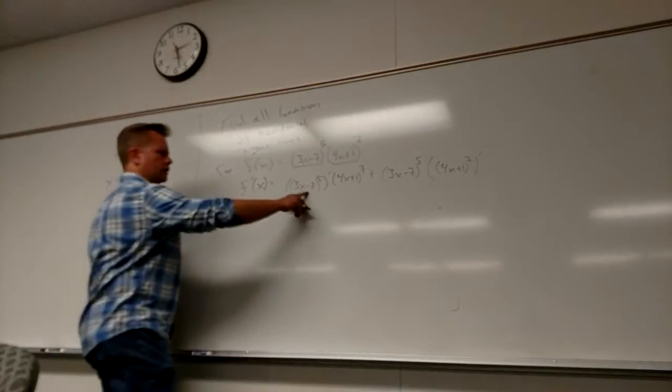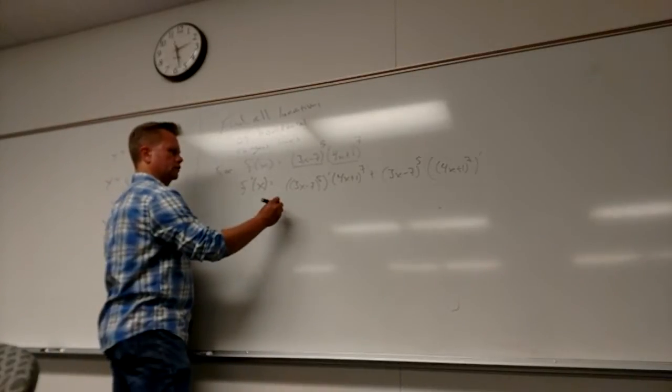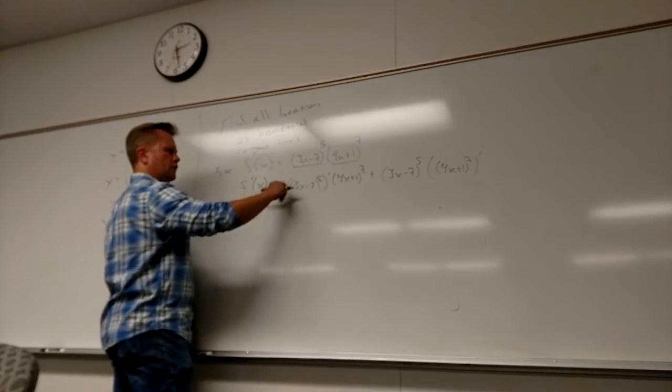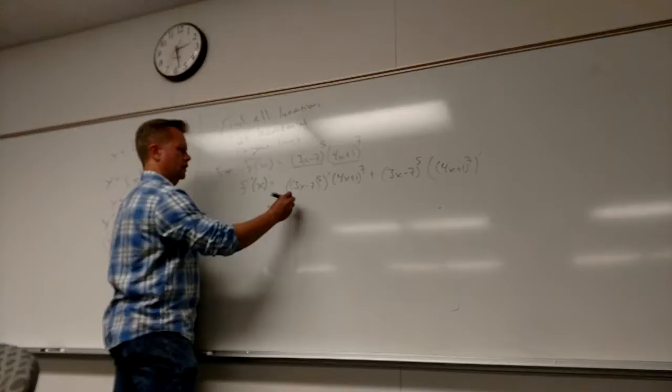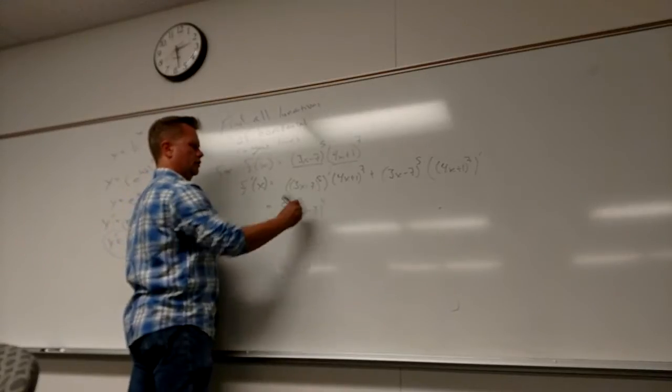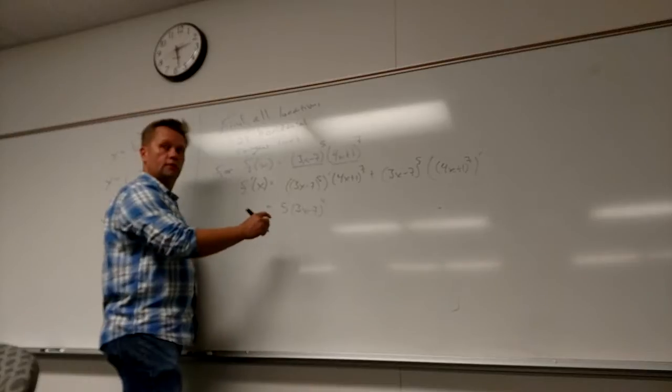All right, so then how do I take this guy's derivative? Bring down the 5 times (3x minus 7) to the 4th, times 3, good.